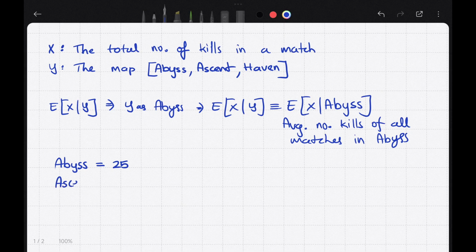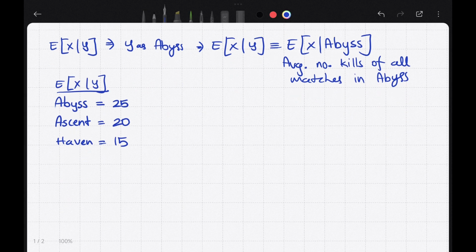In Ascent, say it is 20, and in Haven, say it is 15. So this is E of X given Y that I'm telling you, right?